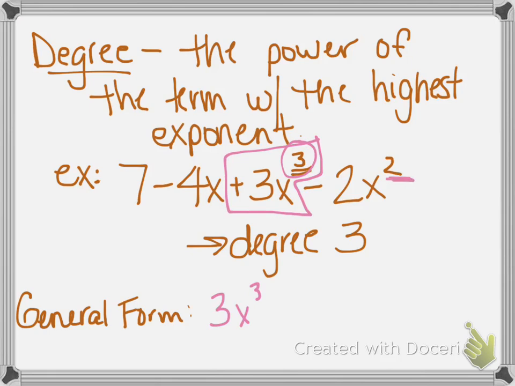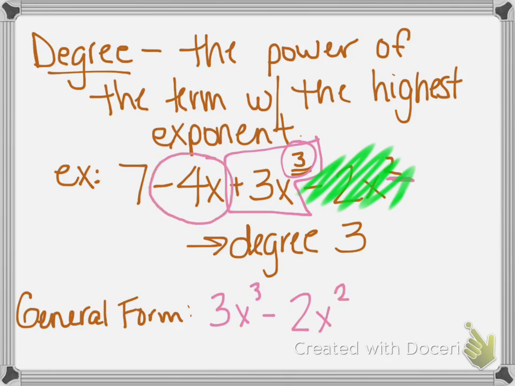I have squared, so I'm going to take this whole term, which is negative 2x squared. Next would be this minus 4x. And then finally I have my constant term, which is 7, so it would be plus 7. So this would be the general form of that example that I just wrote for degree 3. And it's easy to see that it's degree 3 because we wrote the highest to lowest from left to right.